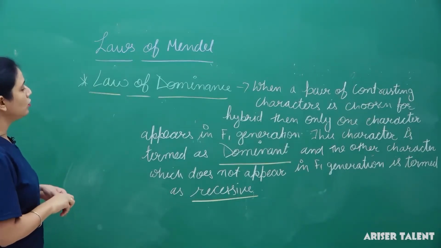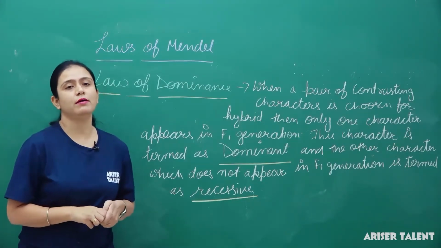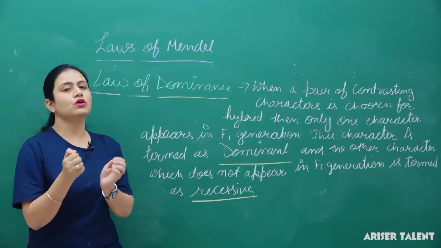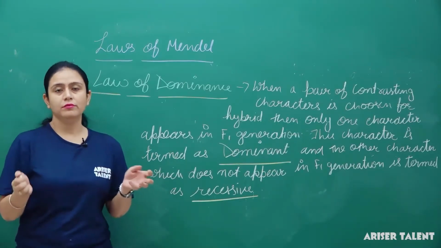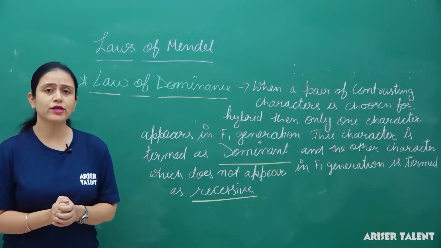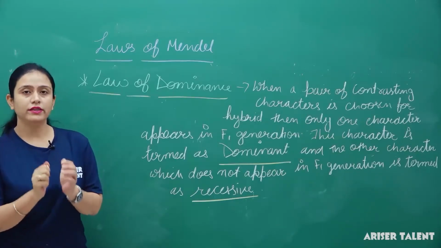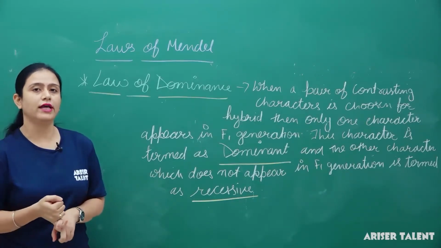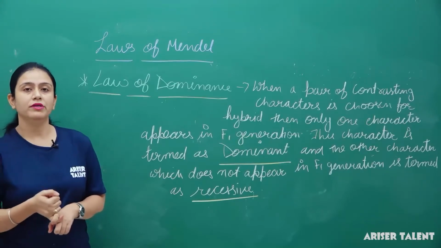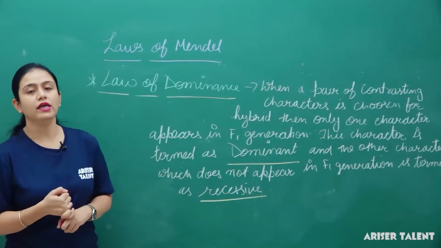Now we will talk about law of segregation. Actually what happens is that generally alleles or genes remain together, but they get separated at the time of gamete formation, means they do not get mixed in the hybrid.